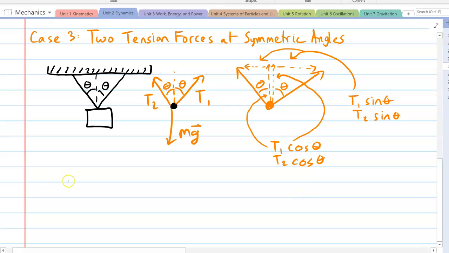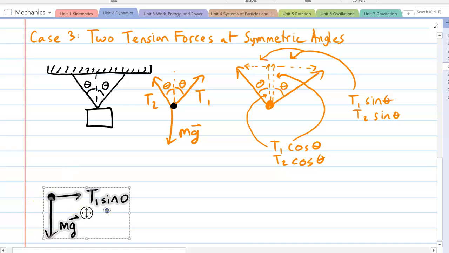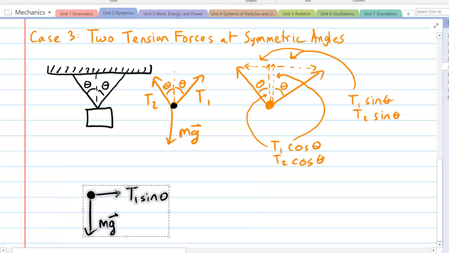So let's actually redraw it just to make it more clear of what I'm talking about. So we have the weight. We have, I guess this way, the T1 sine theta. Okay, let me go ahead and move it here. So we have this right here, and then we also have the T2 sine theta right here, and then we have two upwards, one going this way and one going this way.